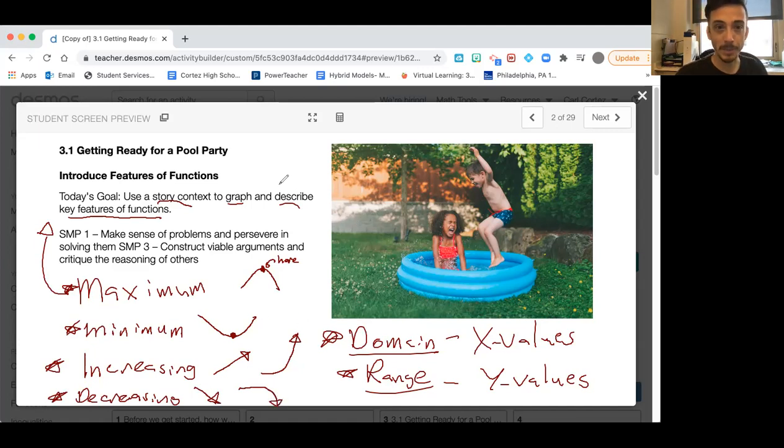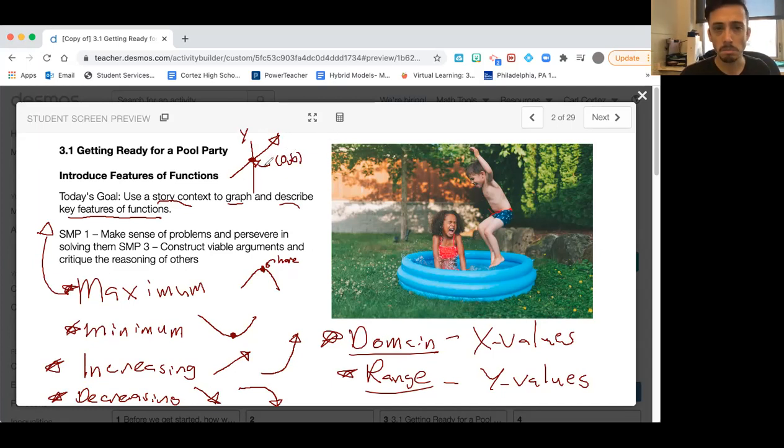You could also talk about the y-intercept, which occurs on the y-axis. So this point right here, we sometimes call this b, if we're talking about slope-intercept form.